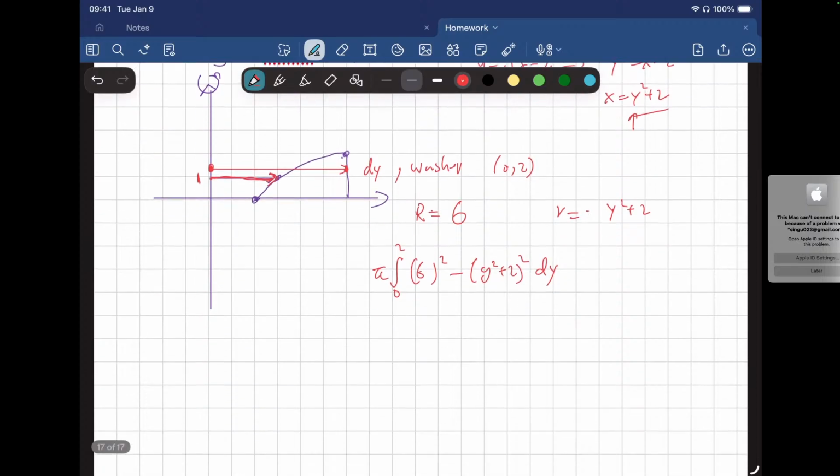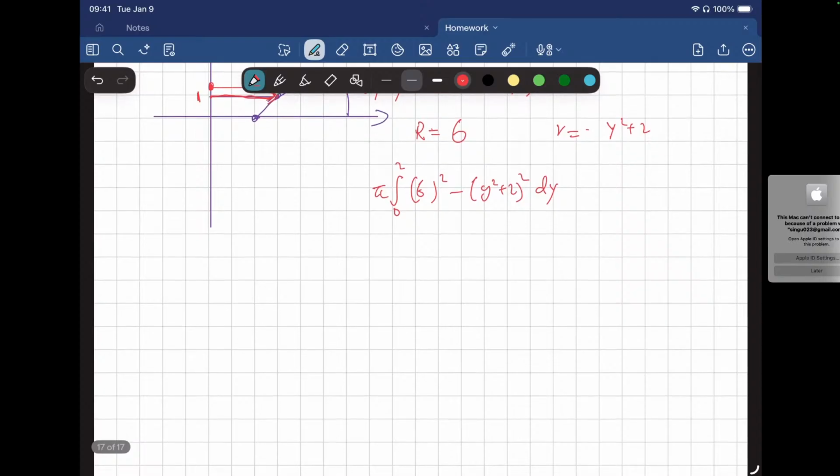Is that okay? Now let's give you a harder one. Rotating around, the same thing, rotating around x equal to 6. This one's kind of hard. Same function. It's not going to be the same thing.